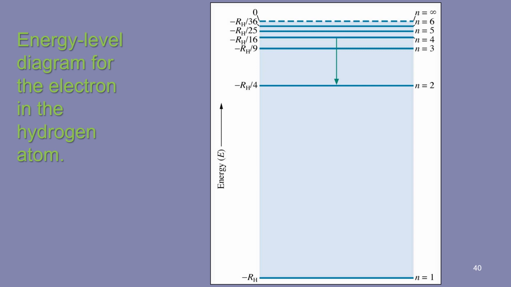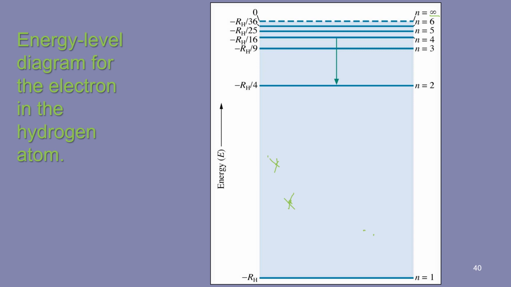The fourth level, fifth level, etc. Eventually we get to n equals infinity, which means the electron is no longer part of that atom and has been stripped from the atom. And then what this green here is showing is a transition. The electrons can't exist in the middle here, or anywhere they want to exist, but they can exist at the levels. Let me find my pen.